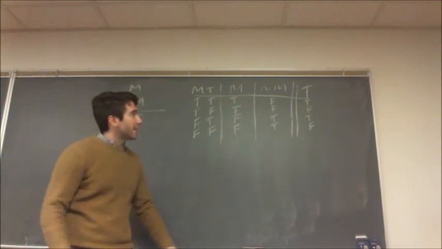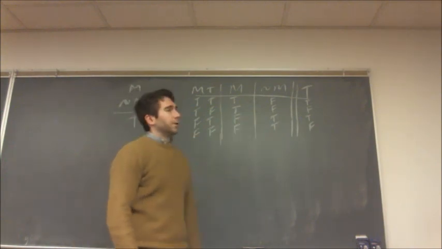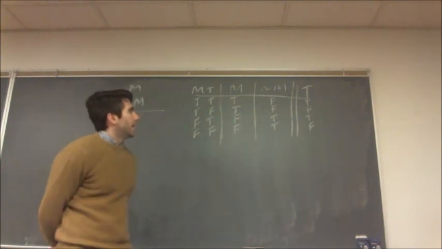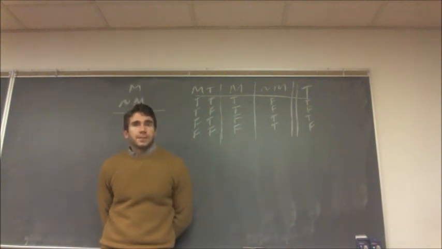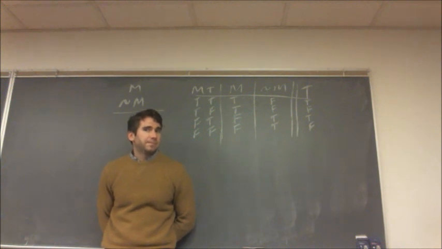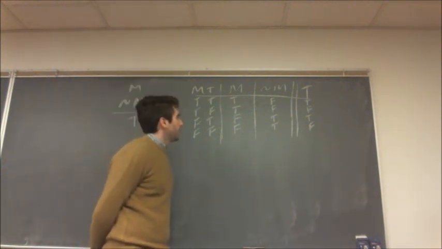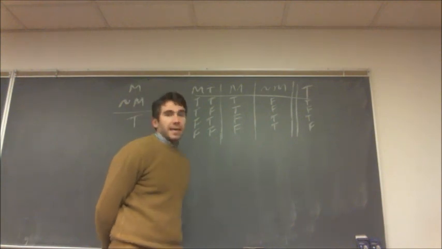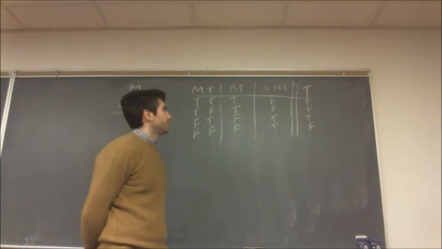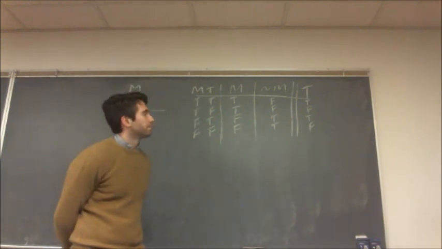Third row, same idea. One's false and one's true, so the premises aren't both true and the conclusion false at the same time, which is what's required for invalidity. And finally, the fourth row, it's not the case that they're both true. One's false and one's true.